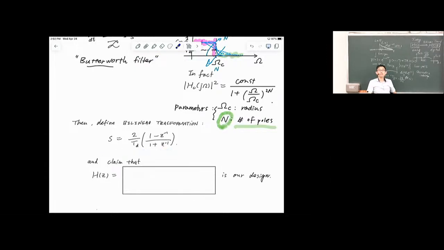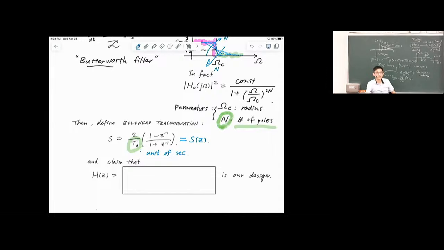Fairly easy. Bilinear transformation is a function: s as a function of z. And there's also a free parameter right here, Td, which has a unit of seconds. Td really is a time, as you might have guessed.